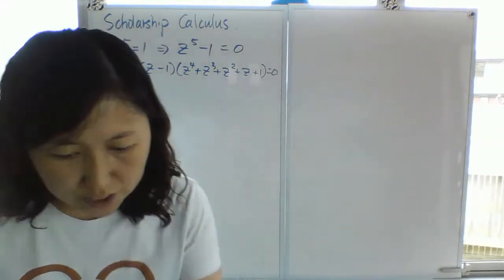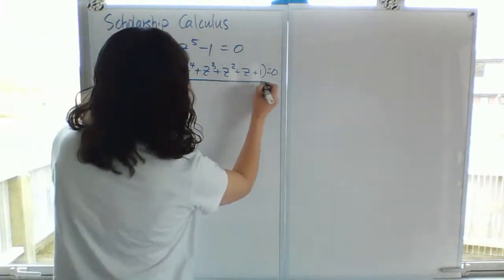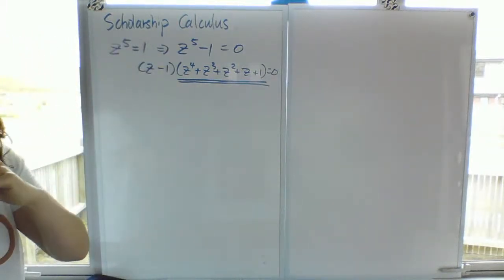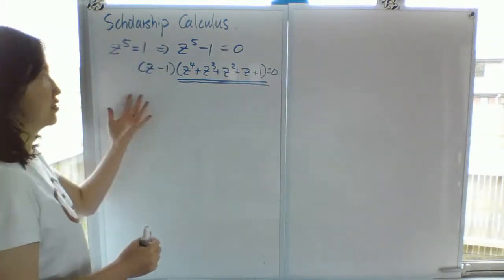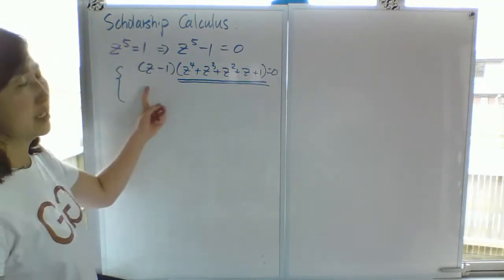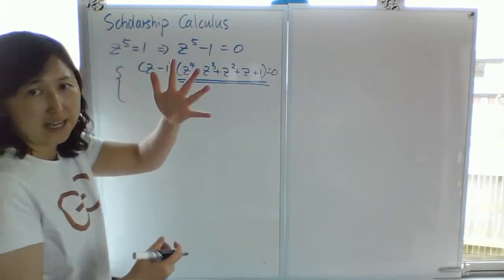Now, we need to actually show this part as the product of the quadratics. So we need to find the roots of this. Another way to write this is to use all the roots. This is z to the power 5, so it has 5 roots.